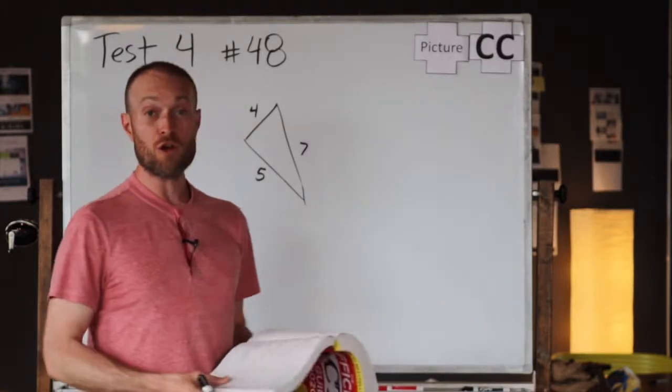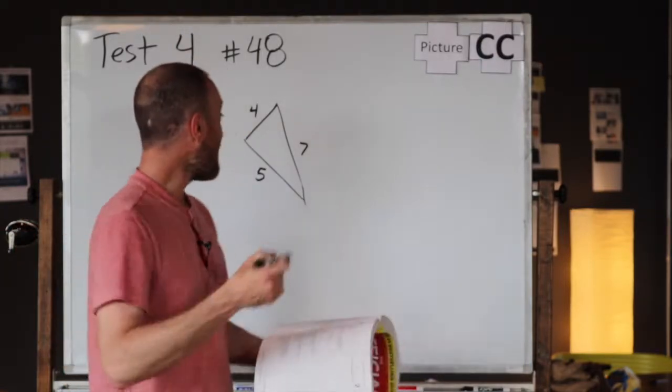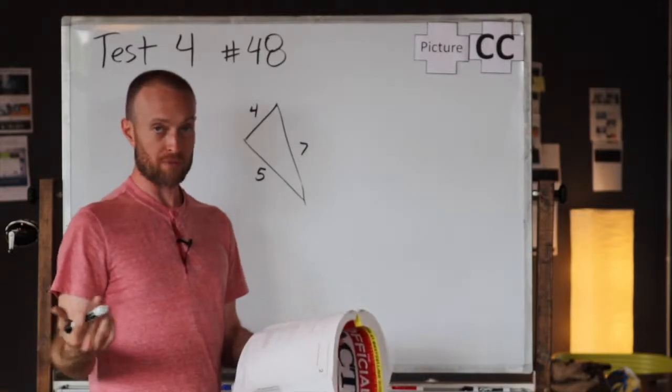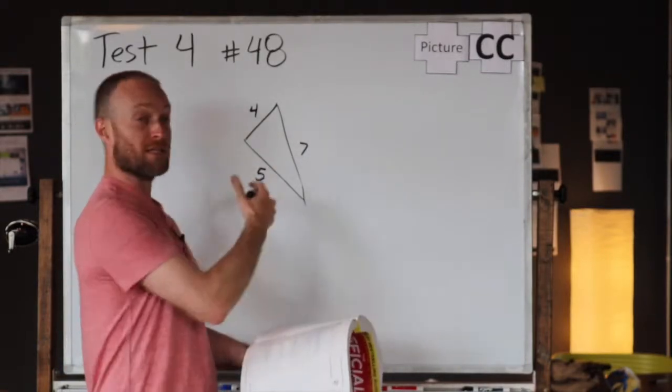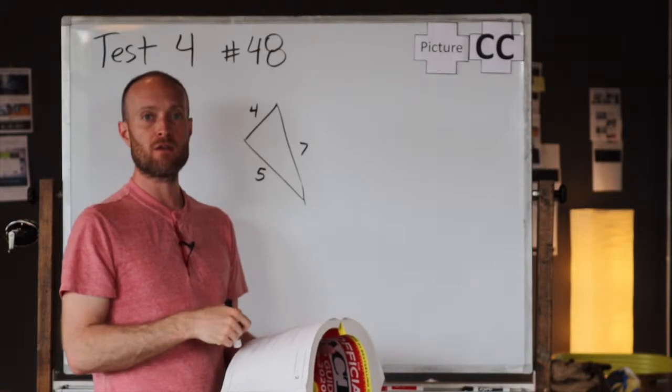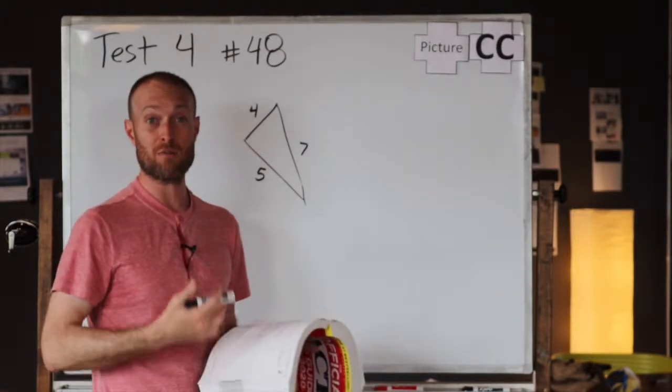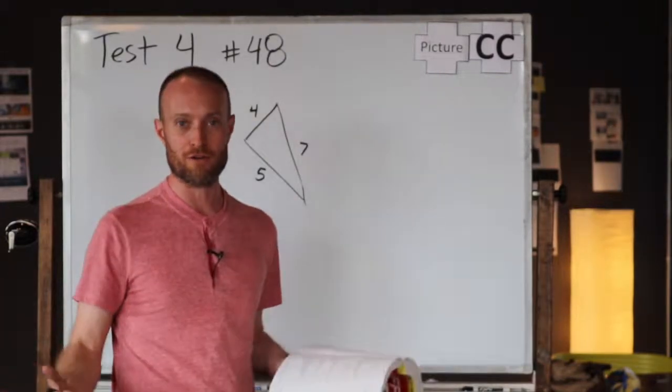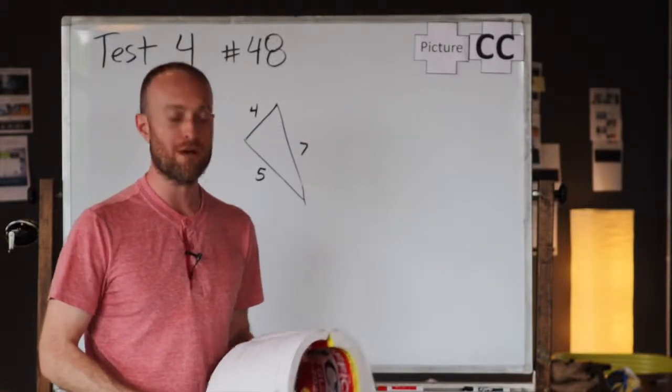Well, no human that I know of can just look at this and say which one of these it is. You have to do some process of elimination and begin to unpack all of your years of study of geometry and what you know about triangles.